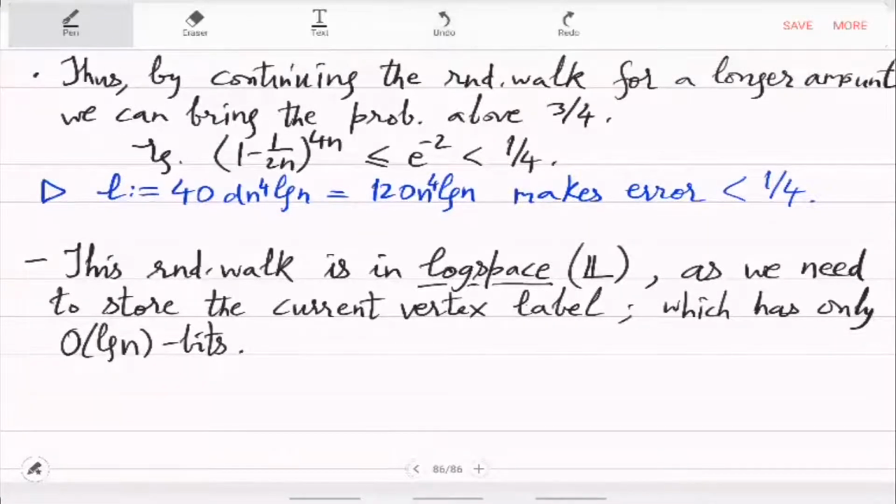So which means that we have shown this UST connectivity, so U path, we have shown that U path is in RL.